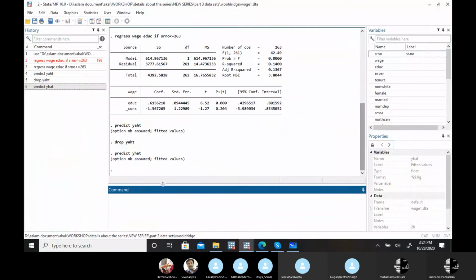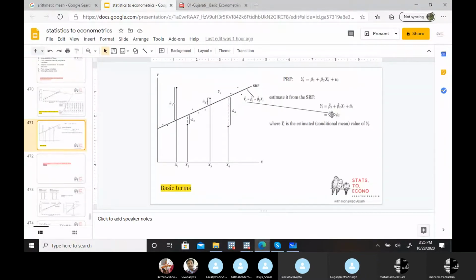Now we need u hat for this particular sample, so I'm generating u hat. Now what is u hat? Actual y values minus y hat. If I take this y hat to the left hand side, then we will remain with u hat. So u hat is the actual value minus the estimated value.